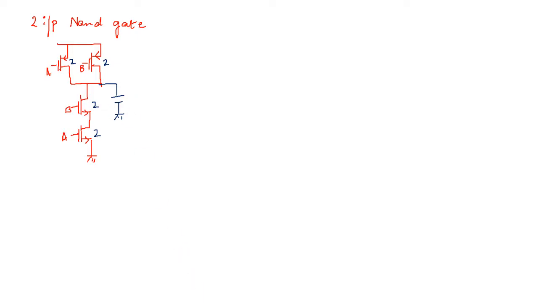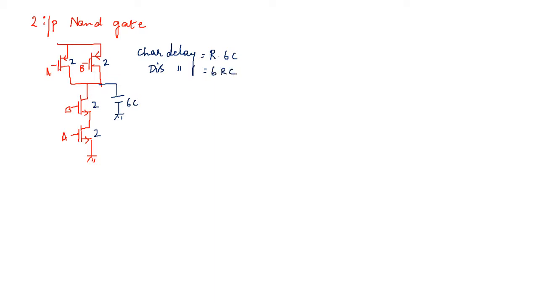So the total output capacitance here is equal to 6C. So now the charging delay is equal to R times the output capacitance, which is 6C, and the discharge delay is also equal to 6RC.